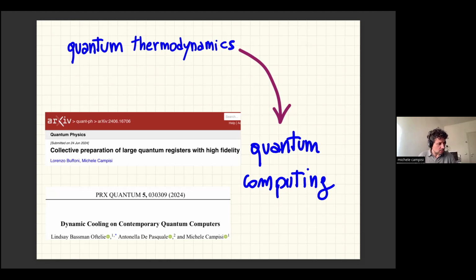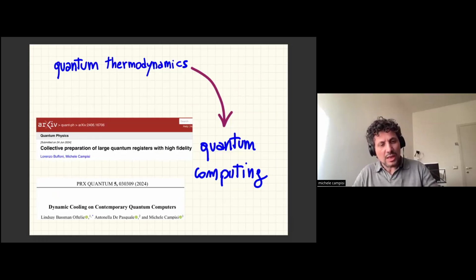For quantum computing, you have to have very well prepared initial states. And in fact, in these two papers that you see in the slide, we have used thermodynamics concepts and tools, and specifically quantum thermodynamics concepts and tools, to come up with methods to prepare very highly pure qubits.